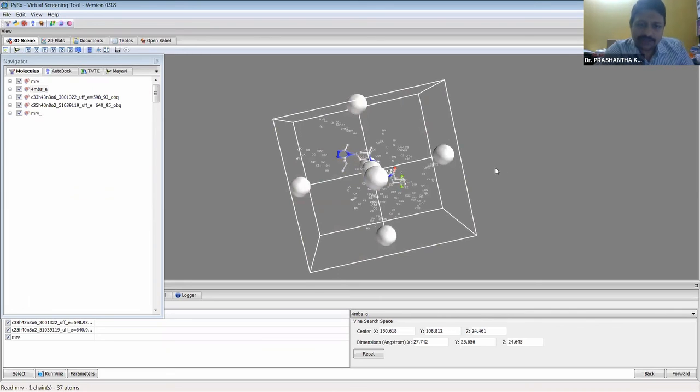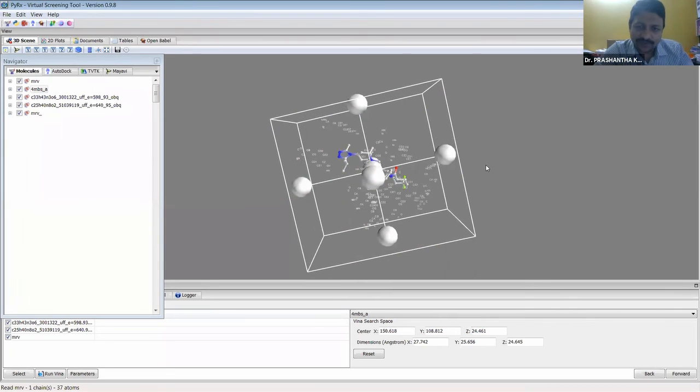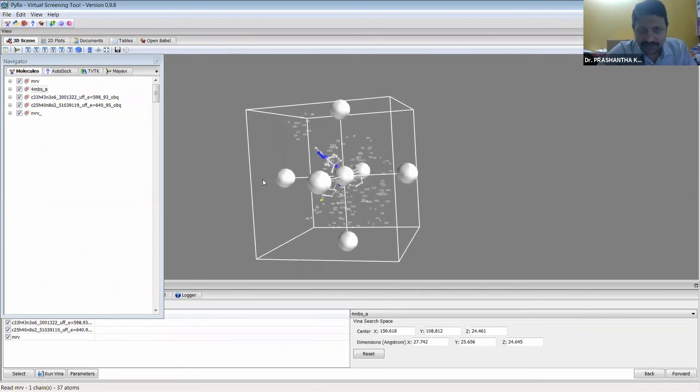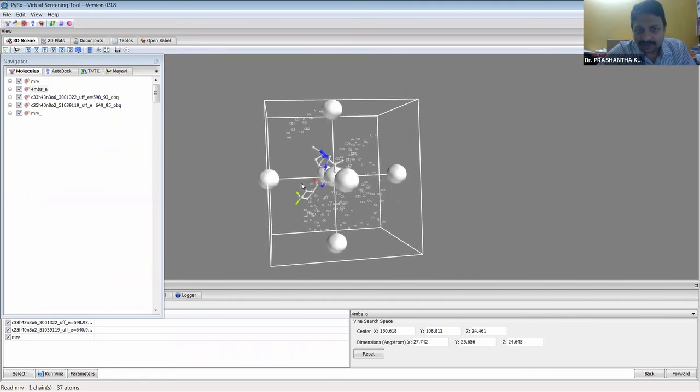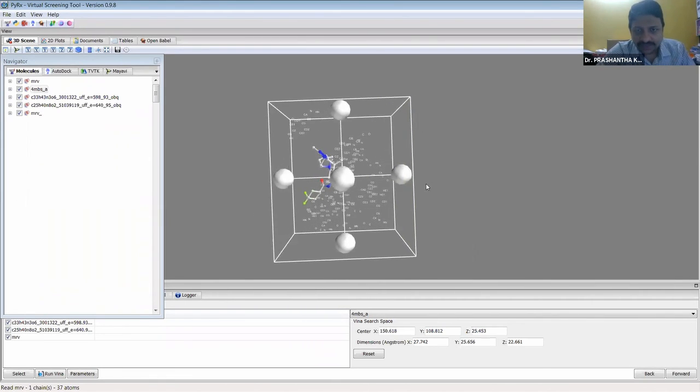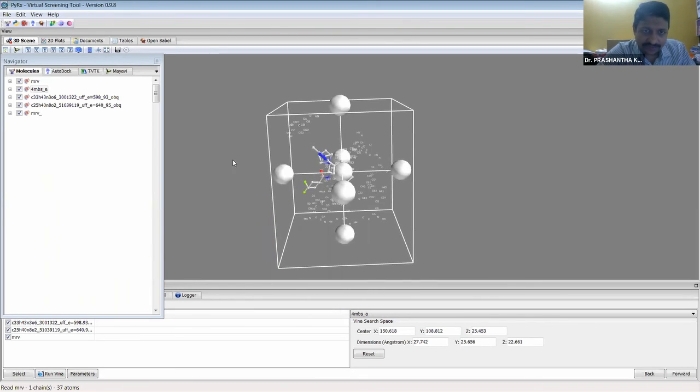But if you miss out the pin code, or some of the important parameters, then the chances of getting that letter to your address is less. So that is why you should be careful whenever you set the grid box.